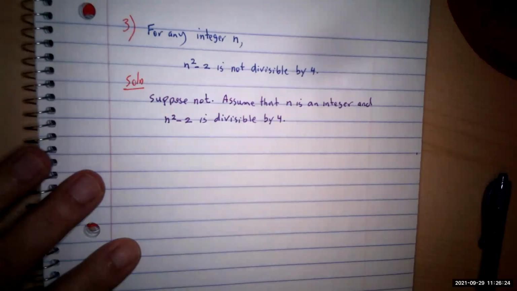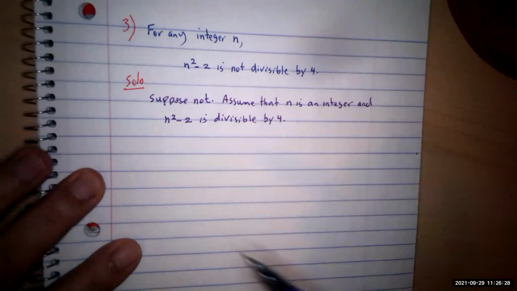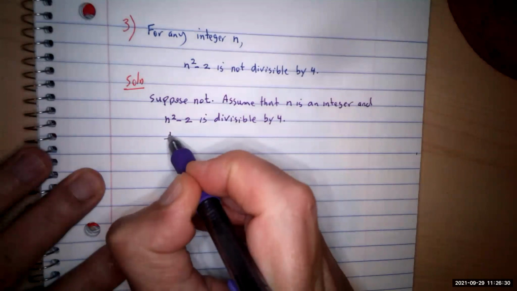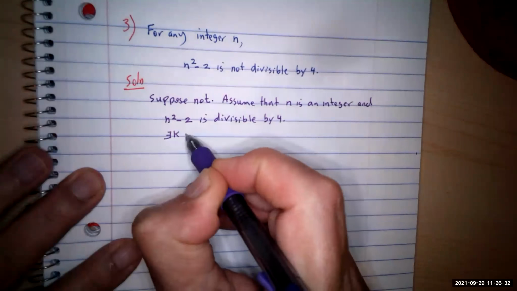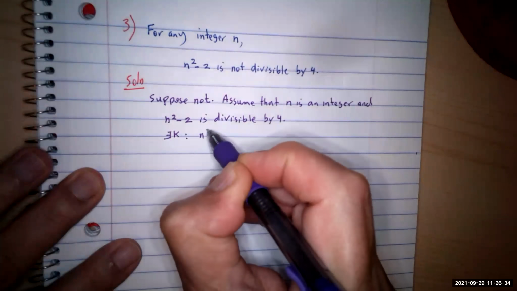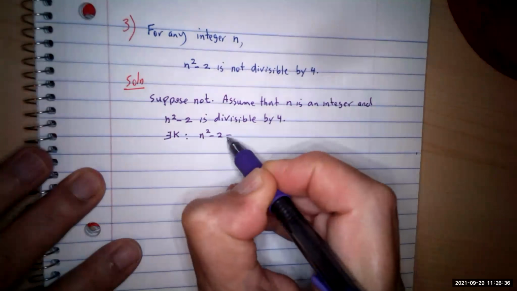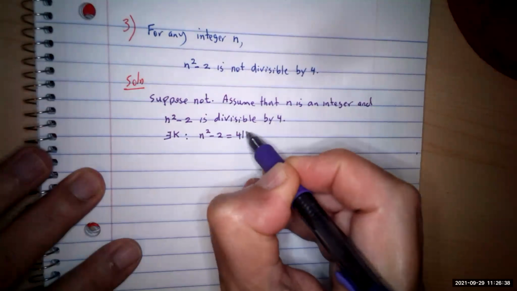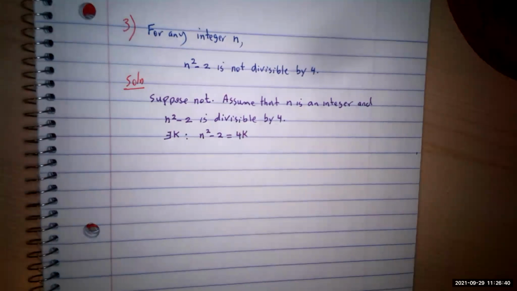Divisible by 4 means it's a multiple of 4. So this means that there is a k such that n squared minus 2 is equal to 4k. There is an integer k such that n squared minus 2 is a multiple of 4. Now let's arrive at the contradiction.